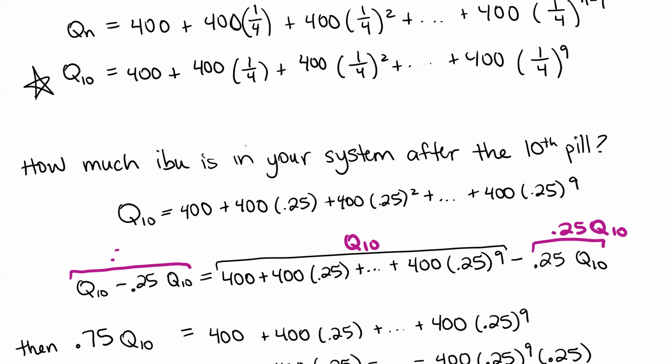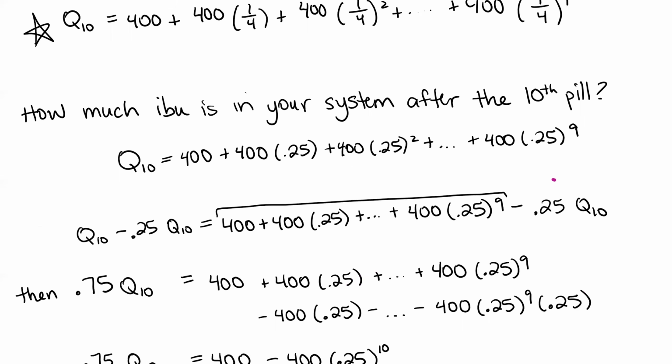So we're going to rewrite this as 0.75 times Q10. So we rewrite that, and now let's expand out this 0.25 times Q10. What is 0.25 times Q10? Well, we know that all of this here was Q10, so let's go ahead and write out 0.25 times Q10.